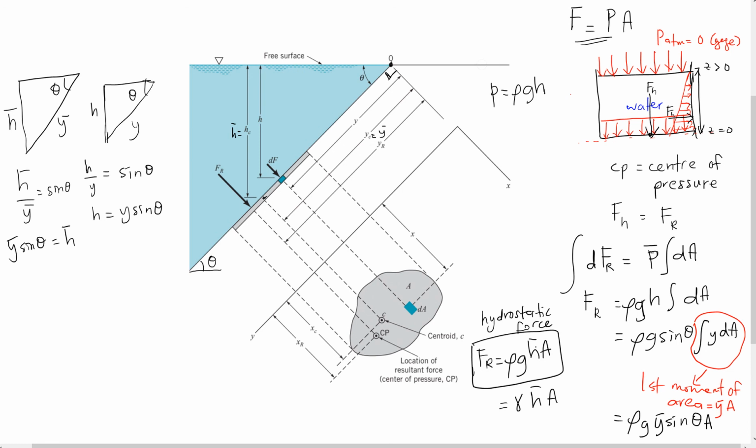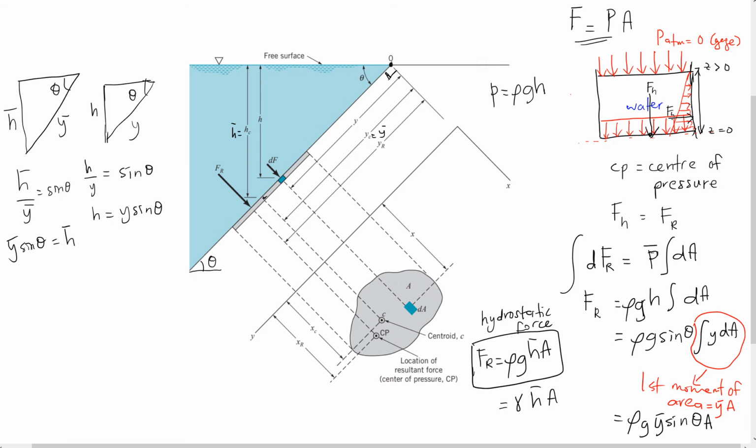Even though we use the height that is taken from the water surface to the centroid of the wall or the plane surface, the force is not acting at this point. Okay, it must be slightly lower than the centroid, at the CP, through the CP. As I have explained here, as you go deeper, the pressure will increase.